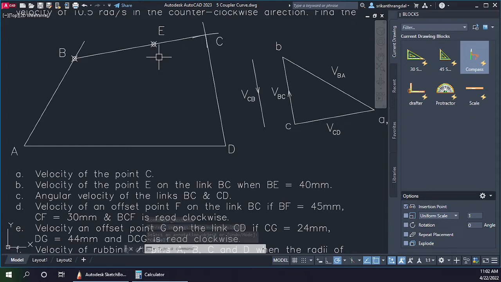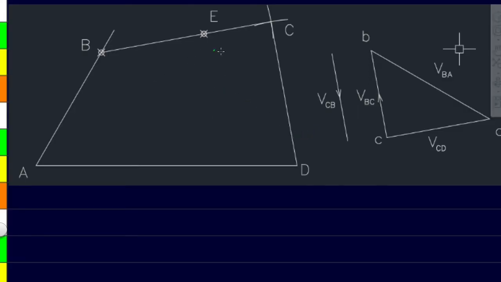Fine. So in order to do this, we'll have to do some calculations. I have taken a copy of that over here, and we need to find this point E on BC. The small e point will again appear on the BC length, but where it will appear exactly, we need to find.